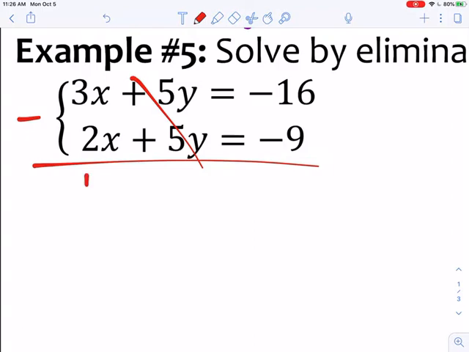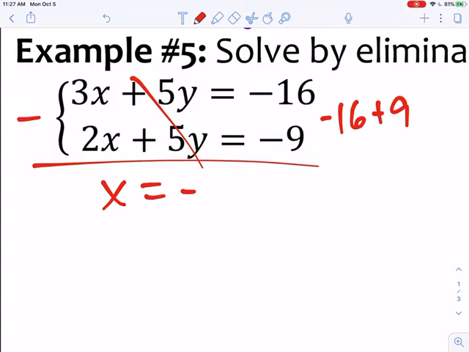3 minus 2 is 1x, or we can just say x is equal to negative 16 minus negative 9. So that's really negative 16 plus 9. All right, and so that's going to get us negative 5.